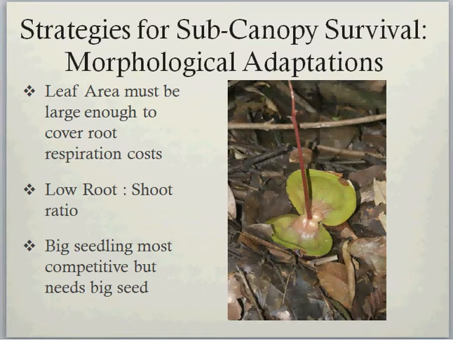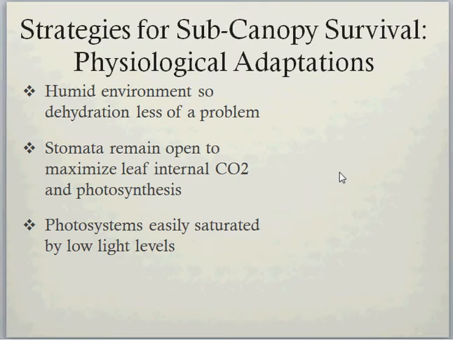Now, it's not just morphological adaptations which allow a plant to survive in the sub-canopy. There are also physiological adaptations. The humid environment is a plus to help overcome the low light environment.